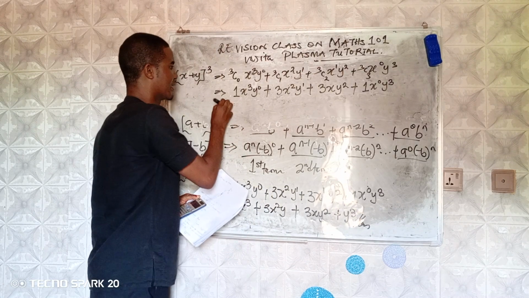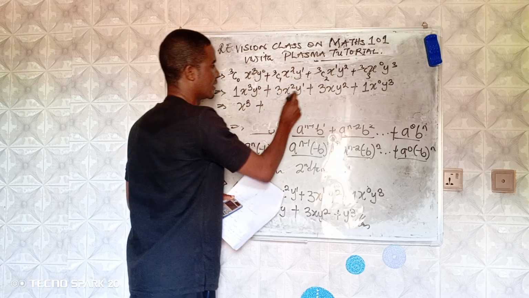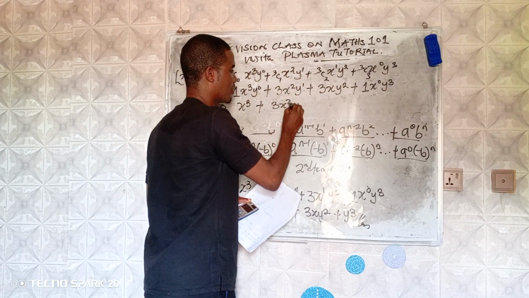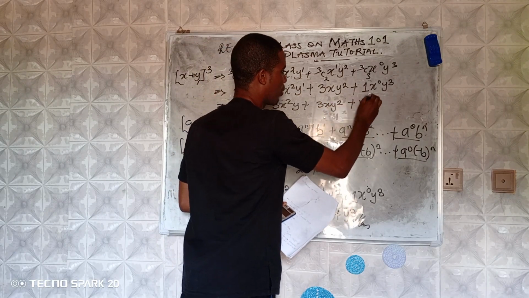So at that point, 1 times this will give me x cubed. This will give me 3x squared y. This will give me 3xy squared. And this will give me y cubed.